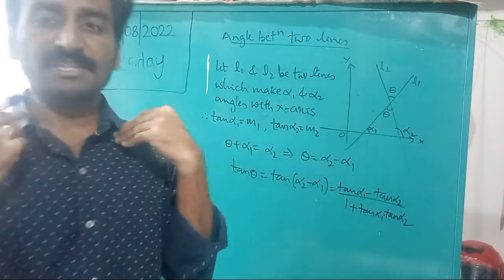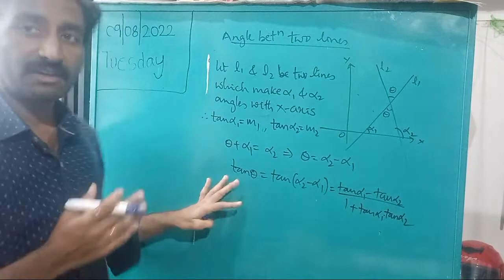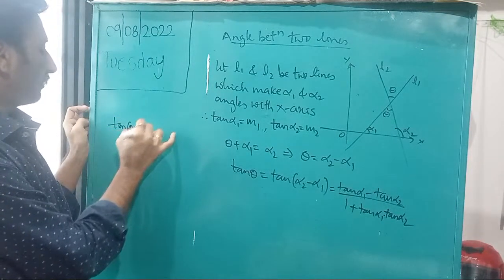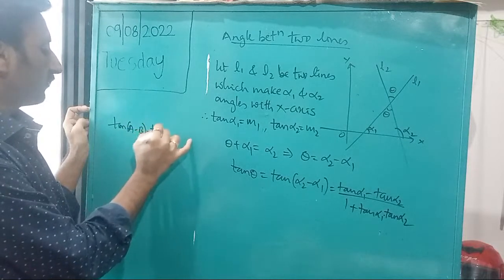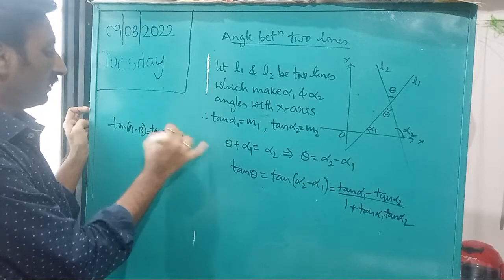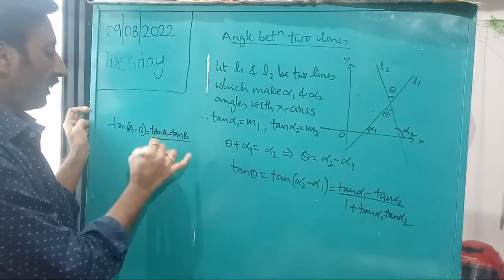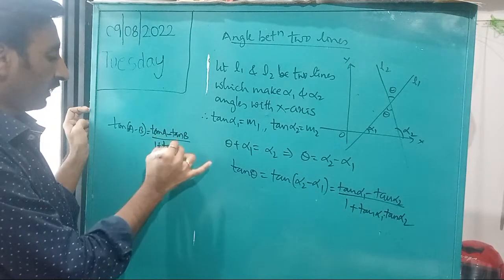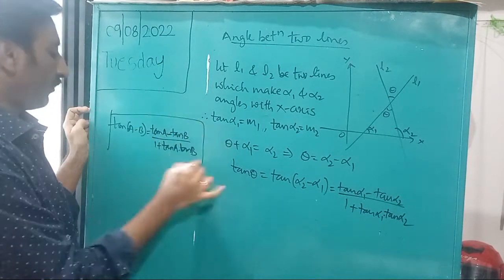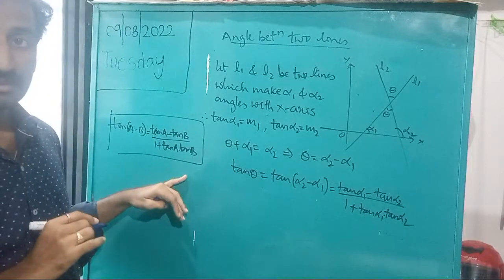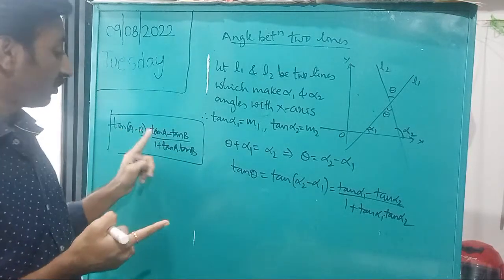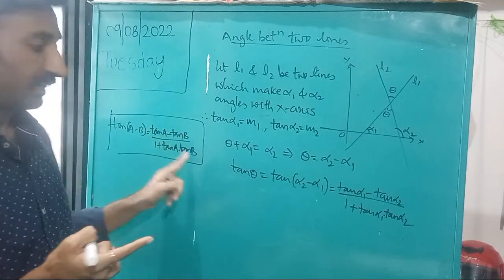If it is not completed, you have to remember that there is a formula for tan of a minus b, which is tan a minus tan b by 1 plus tan a into tan b. This is an important formula, you have to remember this. Both tan of a minus b and a plus b come in it. tan a plus b is tan a plus tan b by 1 minus tan a into tan b.